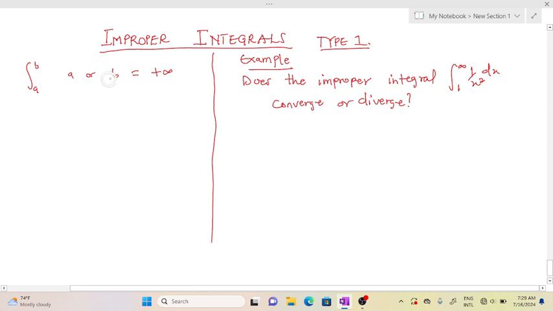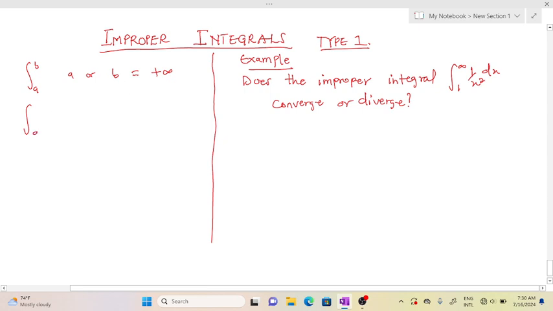So we have a special way of handling improper integrals because you can't sum from negative infinity or sum to positive infinity using the normal approach. I have a problem here for us to solve so that you understand this concept very well. But before then, improper integrals type 1 has two situations, so let's see the different scenarios.